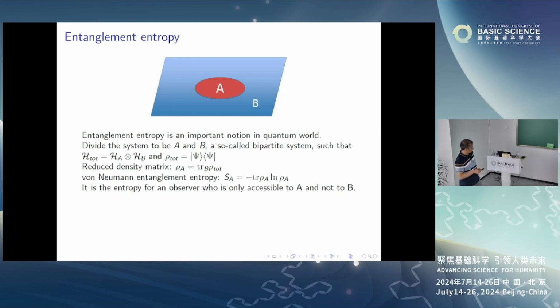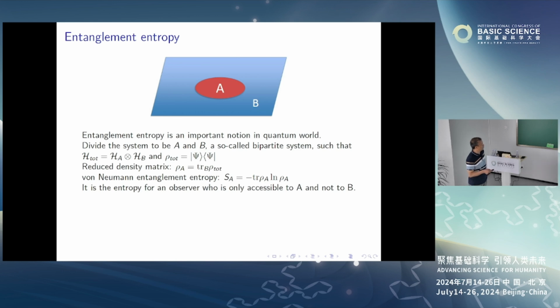In the simplest case, we can divide a whole system into two parts, a so-called bipartite system, such that the total Hilbert space can be written as a tensor product of the Hilbert space on A and the Hilbert space on B. For a wave function of the whole system, we can define a density matrix like this.